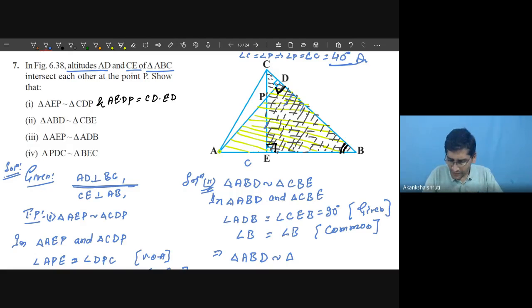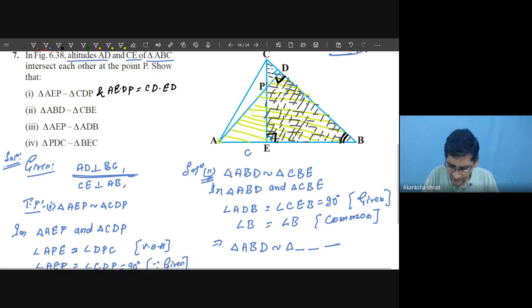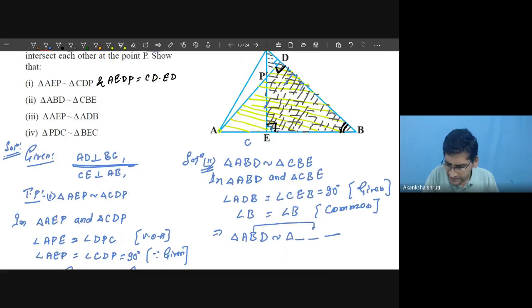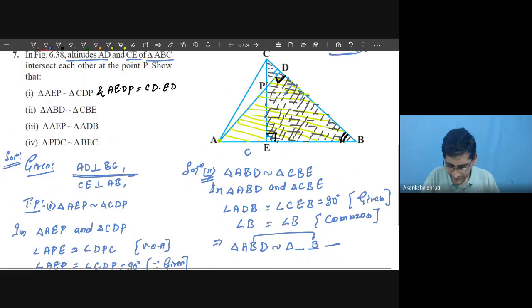Observe, B and B are going to coincide. So in the second position, this B corresponding to B will be there. Now corresponding to A, can we allocate? No, we are not able to allocate.